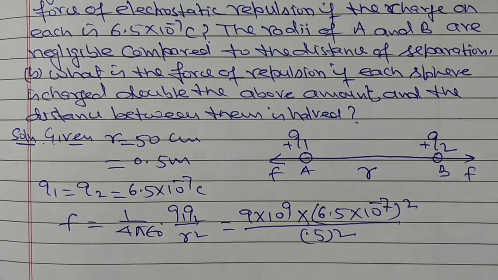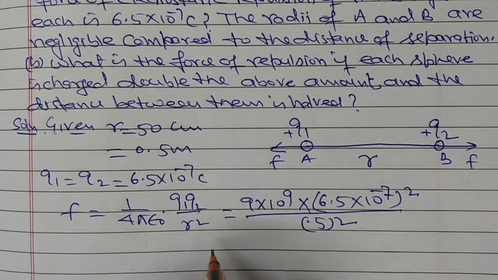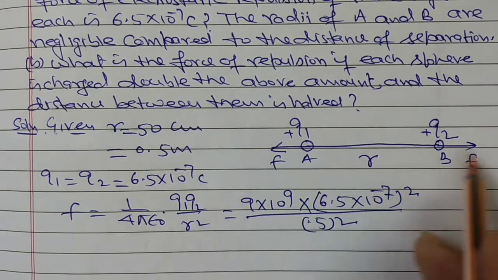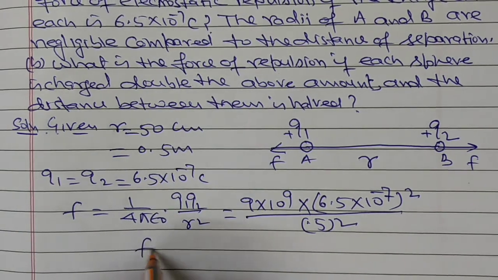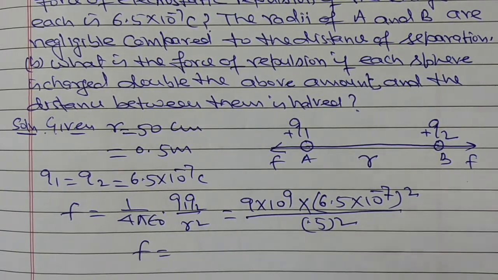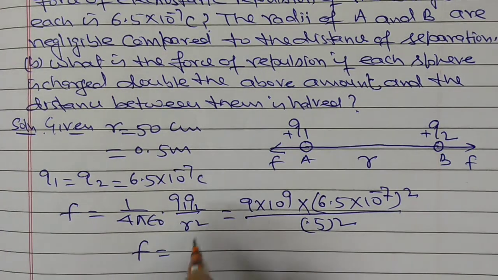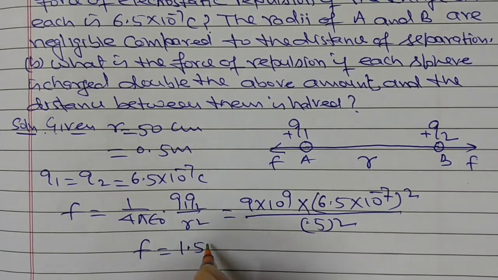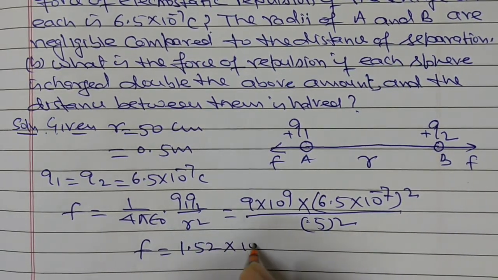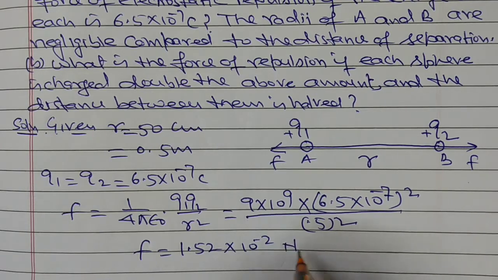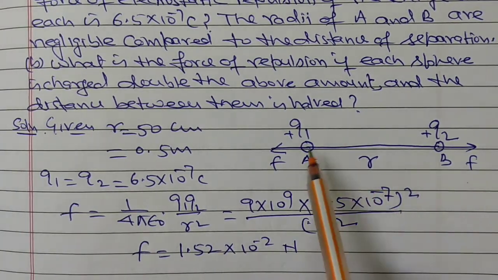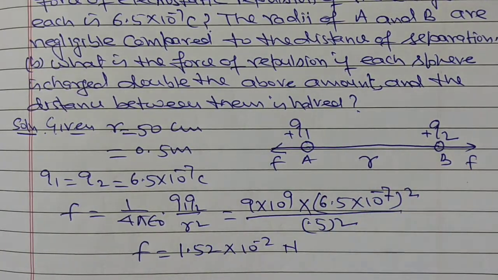Then on solving, electrostatic repulsive force F is equal to 1.52 × 10⁻² Newton. So this is the repulsive force between these two spheres A and B.